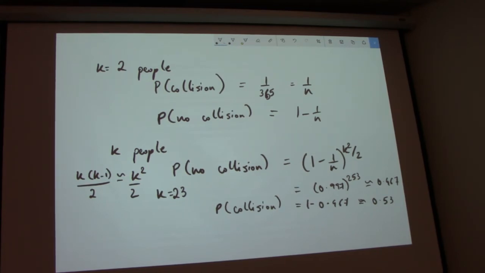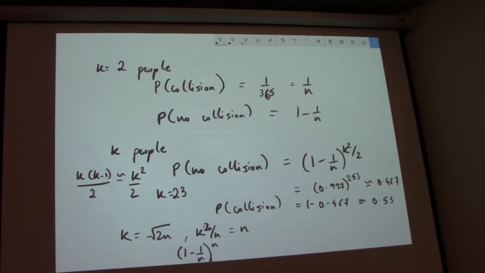right? So let's look at some more interesting properties. What if k was square root of 2n? Then k squared by 2 becomes just n, right? So this probability of having no collision is just 1 minus 1 by n to the power n.